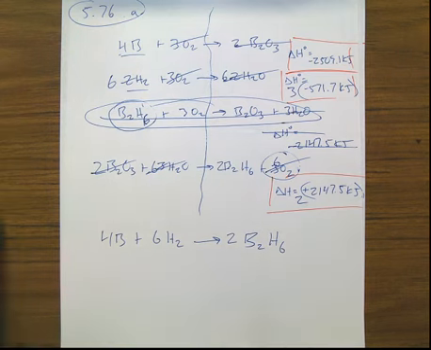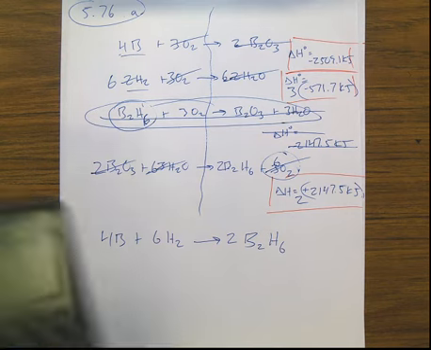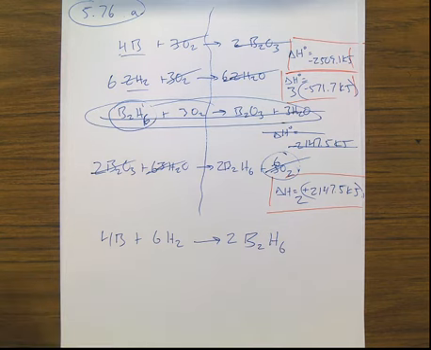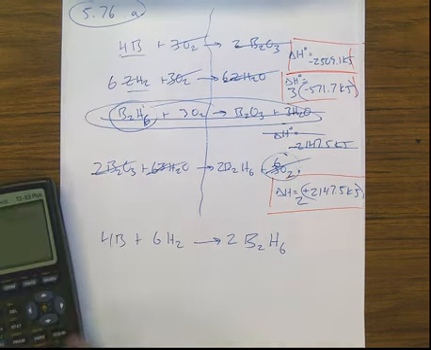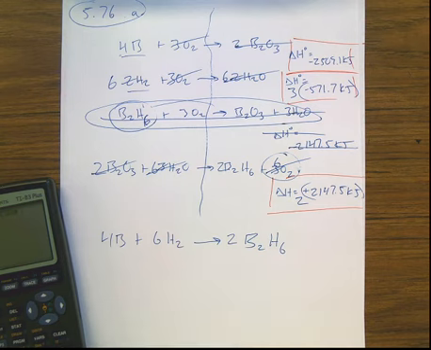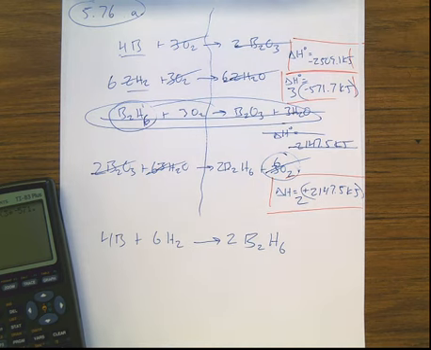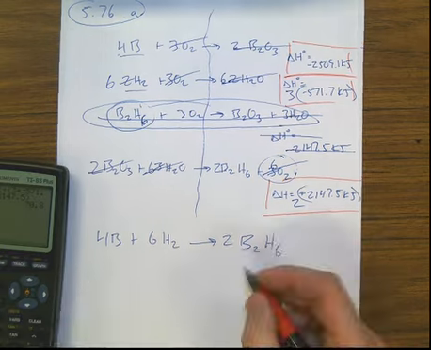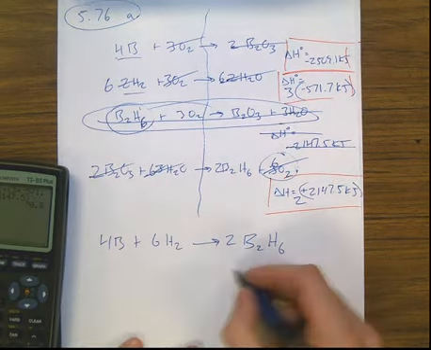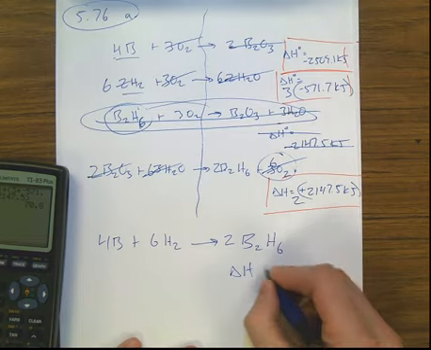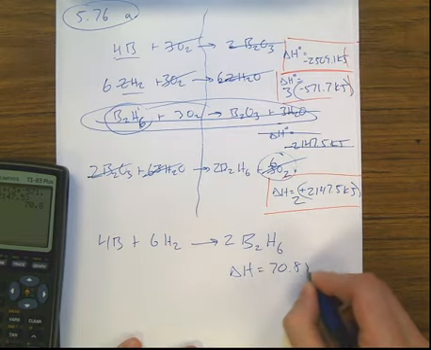In my calculator, after I add all of those together, I end up getting negative 2509.1 plus 3 times negative 571.7 plus 2 times 2147.5. I'm going to double check my work after I do this. So I find that delta H for this equation right here is 70.8 kilojoules.